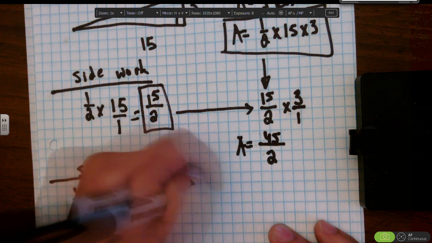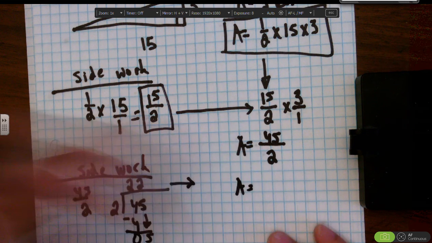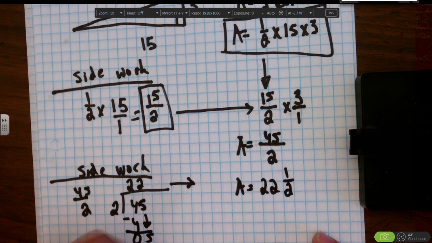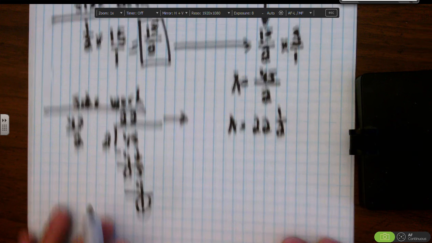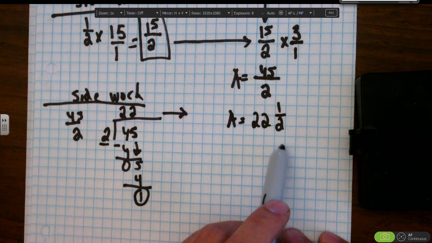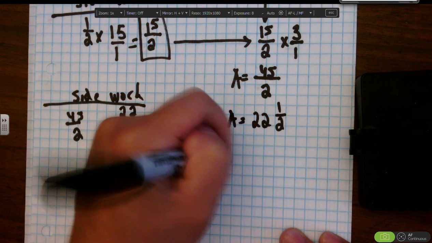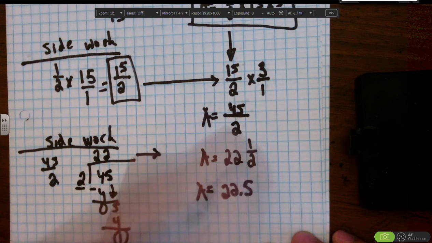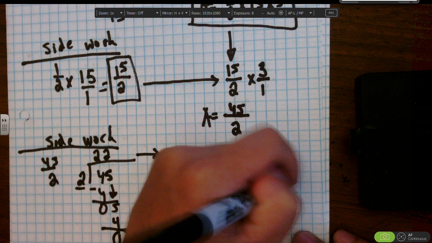I could say area equals 22 1/2 because my remainder goes in the numerator, and this goes into my denominator. Or I could say area equals 22.5. And this is units squared.